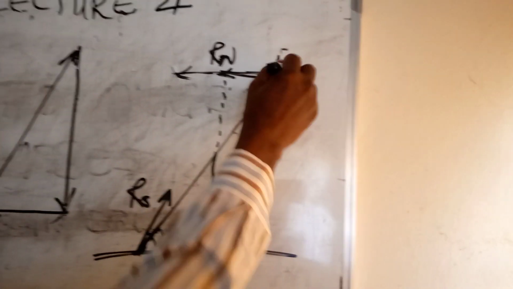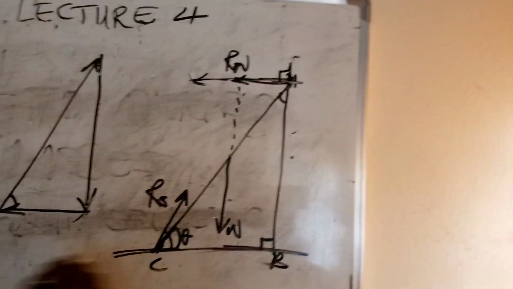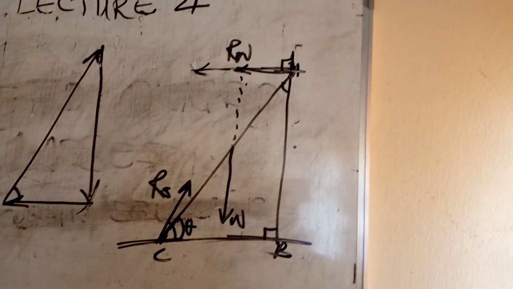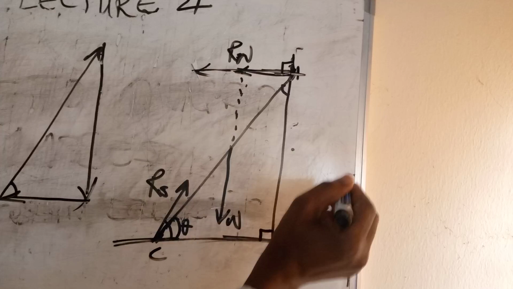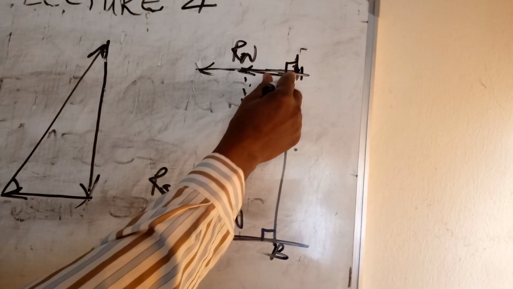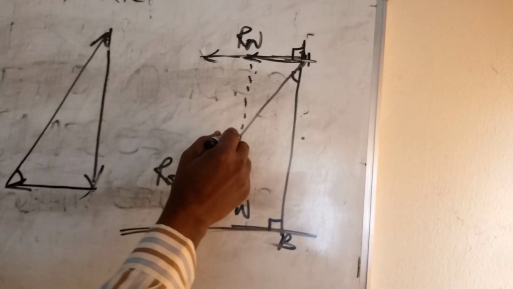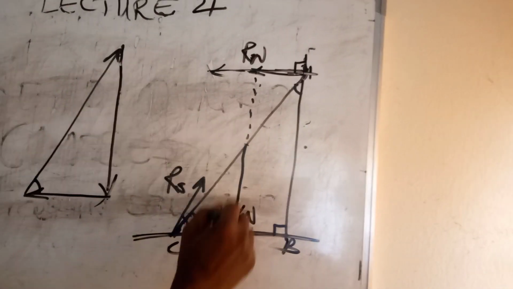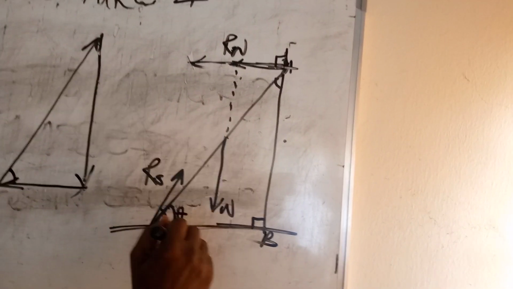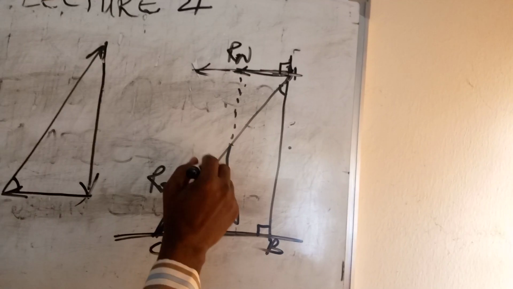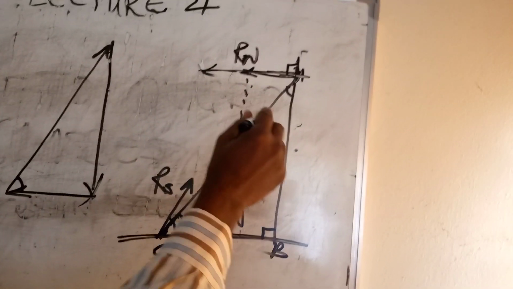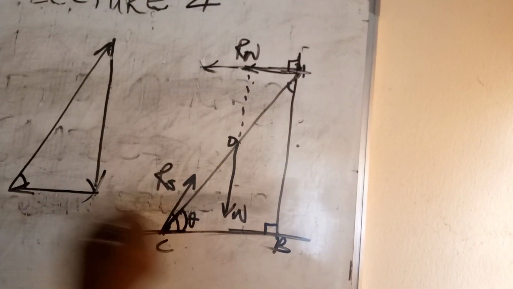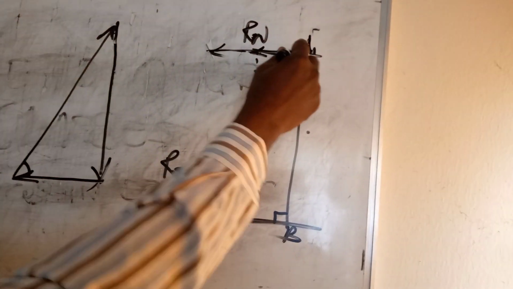This is the length AB. It will give us length AB. So if we know the length of AB and the length of the ladder, and we know the weight of the ladder acts at the center of the ladder, then we know the length from D to C, which is half of the whole length of the ladder.